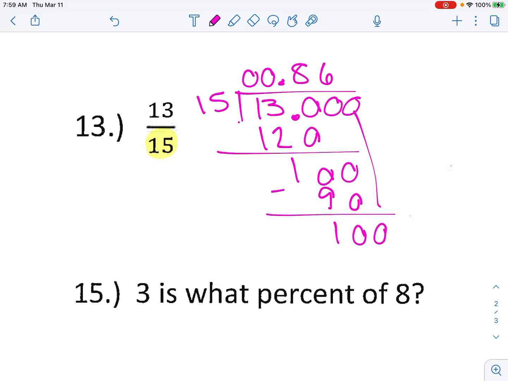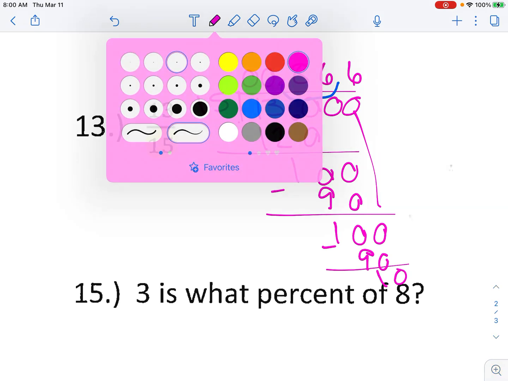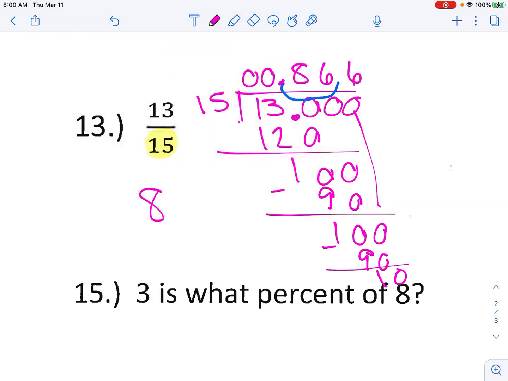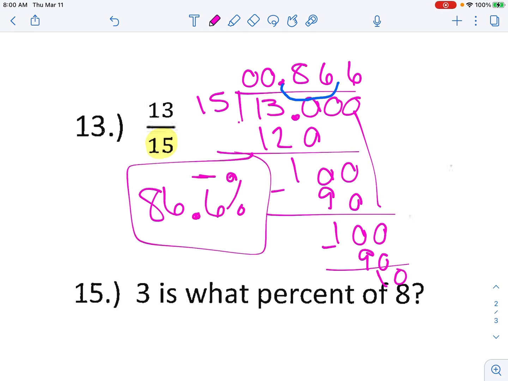Drop that next 0. 15 times 6 is 90. 100 minus 90 is 10. So we see this is going to be a repeating decimal. Now remember, we're converting this to a percent. So you have to move this decimal from in front of the 8 to behind the 6. So this is going to be 86 and 6/10 repeating percent.